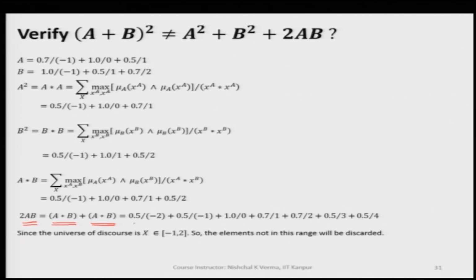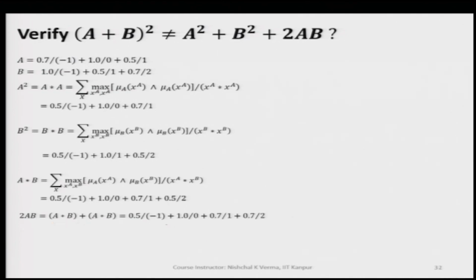So, this 2AB is going to give us a new fuzzy set, which is here. This has 4 elements: 0.5 by minus 1 plus 1 by 0 plus 0.7 by 1 plus 0.7 by 2.